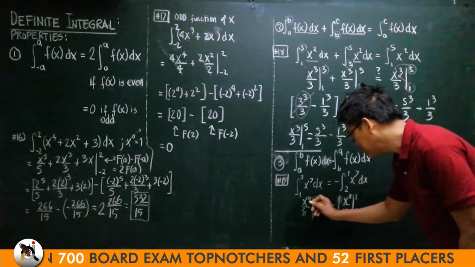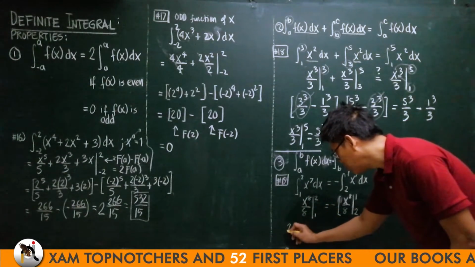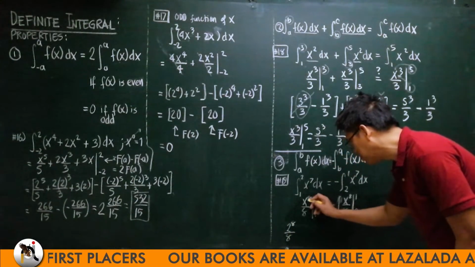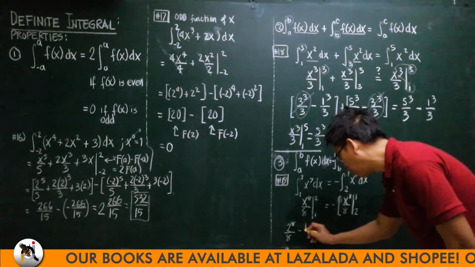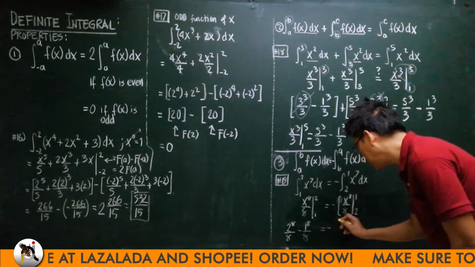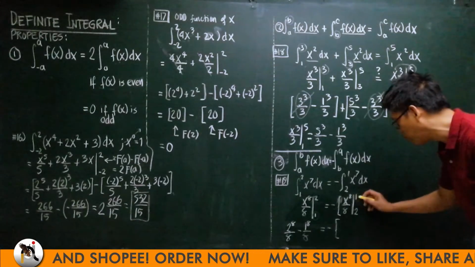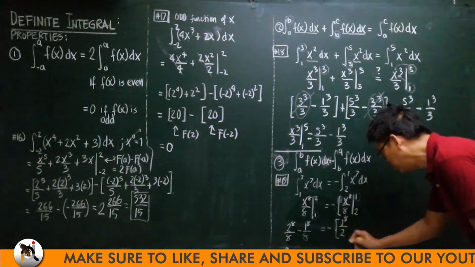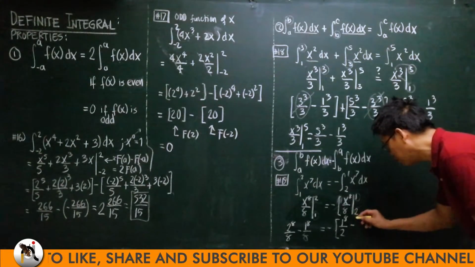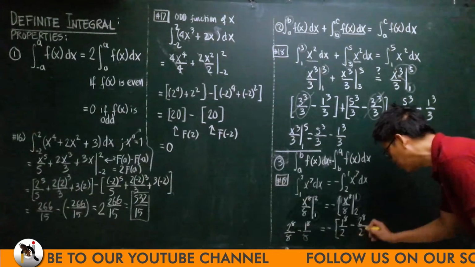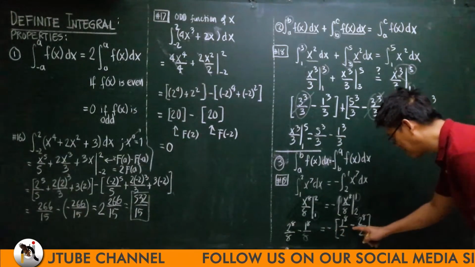Are they really equal? This is equal to the negative of this. So if you substitute 2 for x, 2 to the 8 over 8, minus, substituting the lower limit for x, 1 to the 8 over 8. This is the negative of substituting 1 for x, 1 to the 8 over 8 minus substituting 2 for x, 2 to the 8 over 8. Negative, negative, positive.